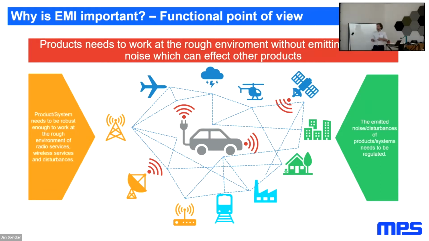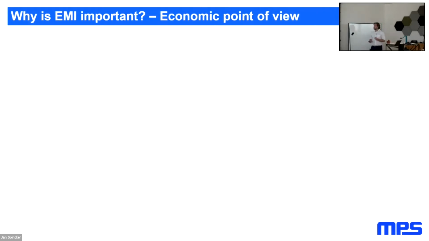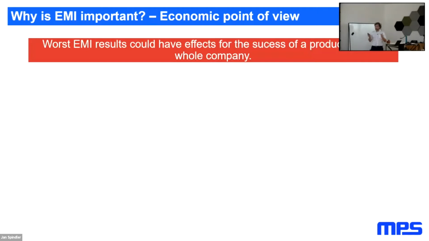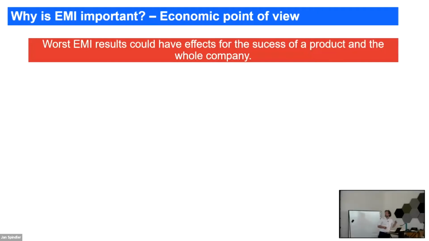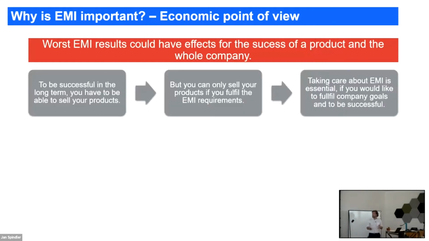That means from a functional point of view, yes, this is important. From an economic point of view, it's also important, because worse EMI results have an effect on the success of your product, and in the end also of the whole company, because you want to sell products to be successful.